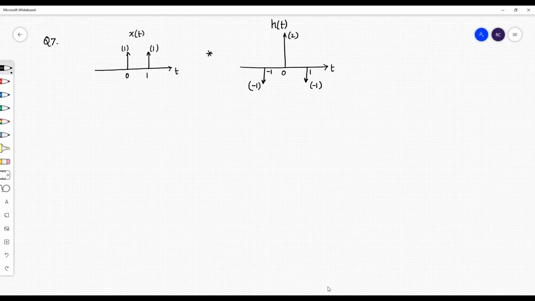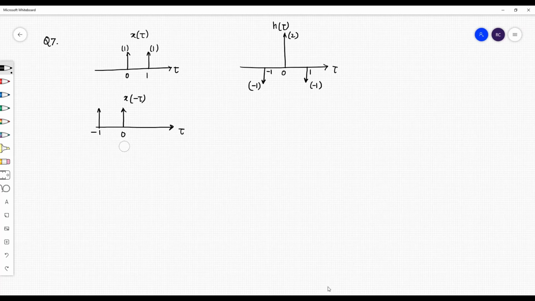We'll convert them both into tau domain. Out of the two, I find this one easier to flip and shift. So if this is x(tau), that means this is x(minus tau).